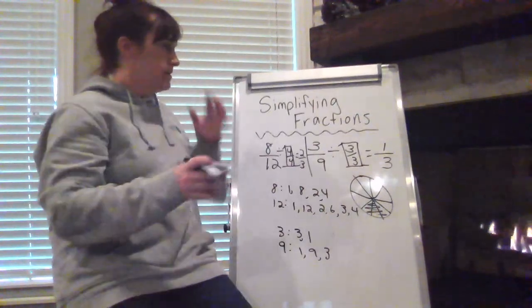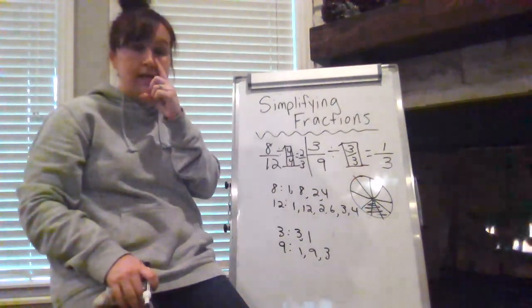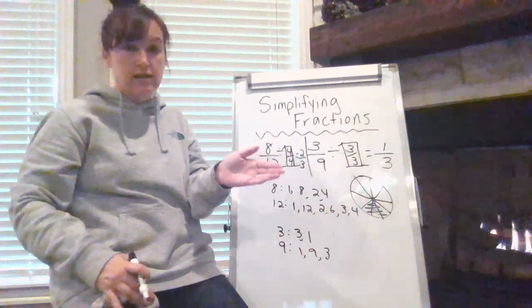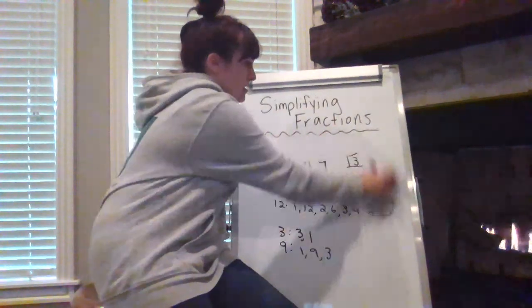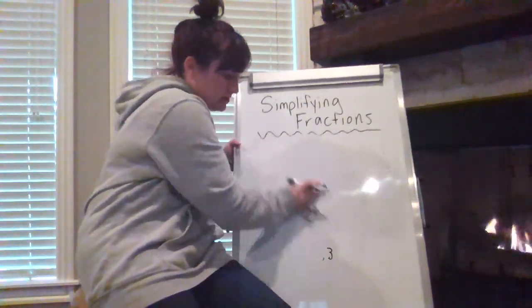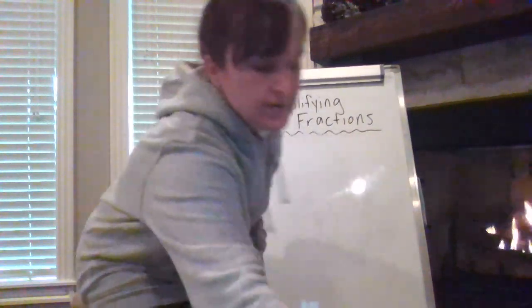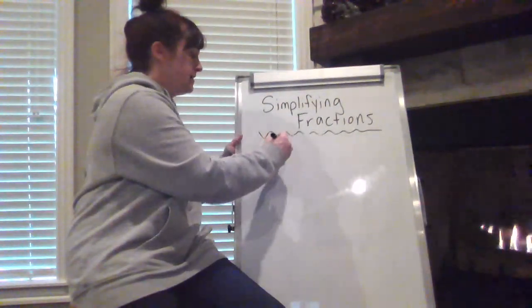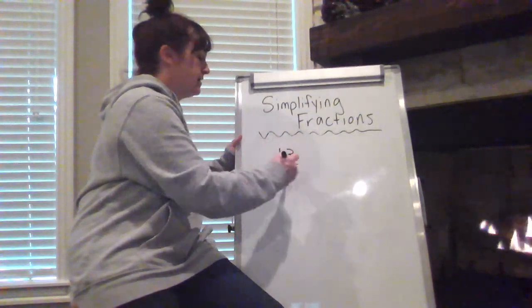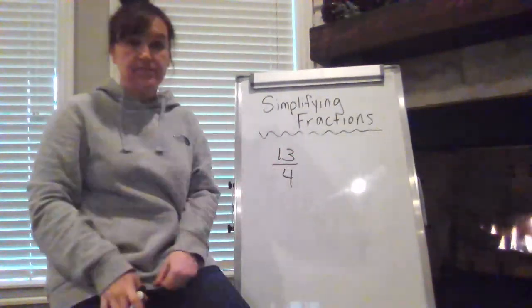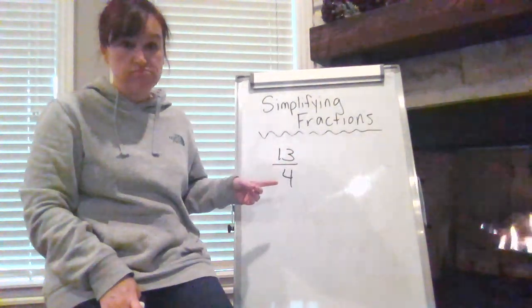Okay. Now I'm going to do one more example, and it's if you get an improper fraction as your answer. So if I get an answer, say I've added 2 fractions together, and I get 13/4. That's funky.